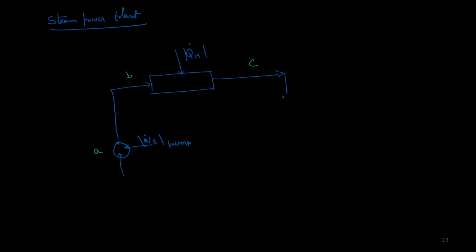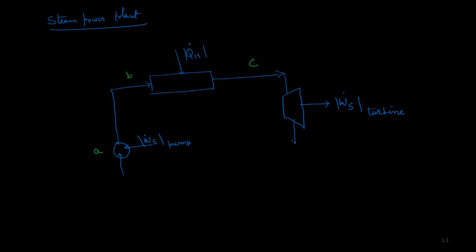And then we're going to expand this hot steam, and during this expansion, we end up transferring some work to the turbine, which is what we will convert eventually into electricity.